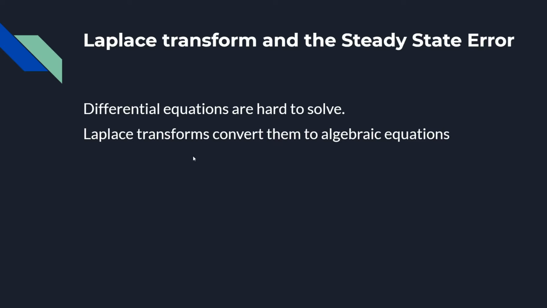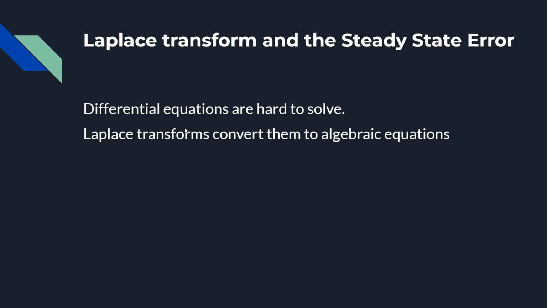So if you had di by dt, if you take the Laplace transform, it would just be S into I, which we would call I in the frequency domain. If you had a double derivative like d squared by dt squared, it would just become s squared, which is again algebraic. There's no more calculus involved.